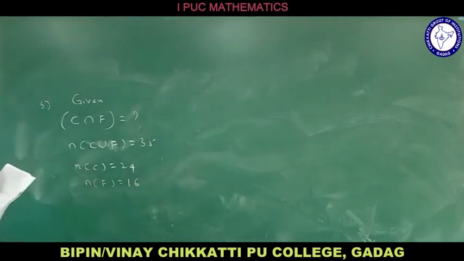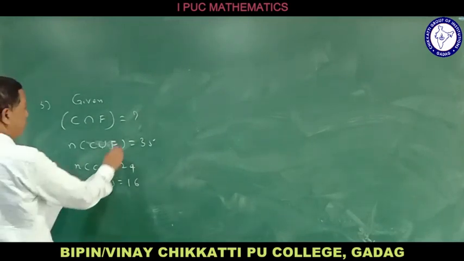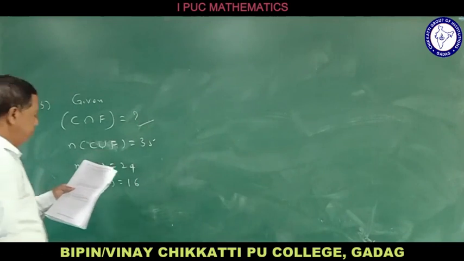Look here, in a class of 35 students, that is the union, 24 like to play cricket, I have written C, 16 like to play football, that is n of F. And the question is, how many students like to play both? Means this intersection. Here you can substitute the formula.